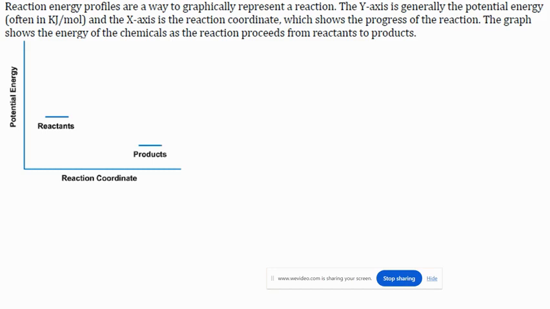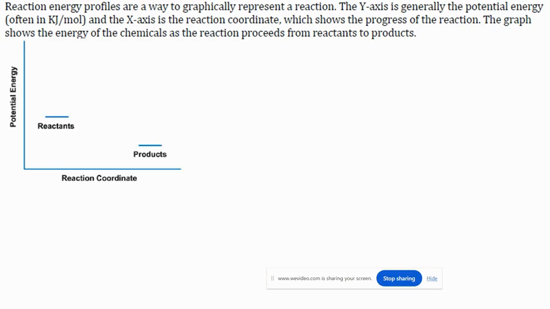So when we are doing this, you are looking at the energy, the potential energy, and this reaction. If your reactants start out higher than your products end, this is an exothermic reaction because you're giving off energy in the process of creating these products.